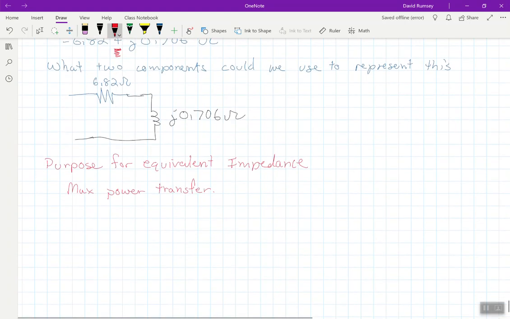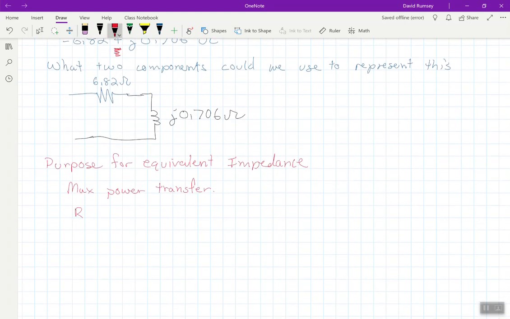Because if you remember with resistors, you would set the load equal to the Thevenin resistance, or what we called the equivalent resistance. Well, we're going to do something similar to get max power transfer when we have circuits with both capacitors and inductors present in them.